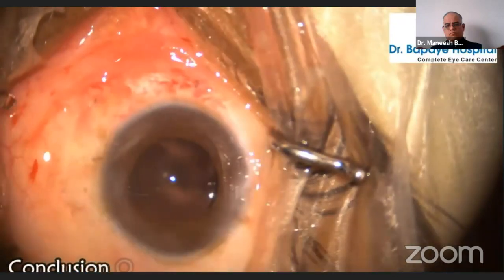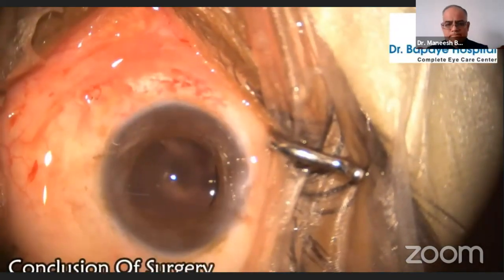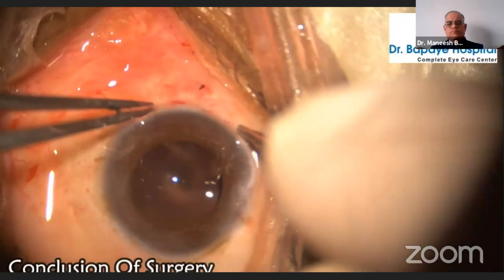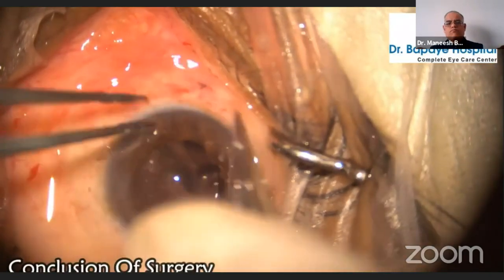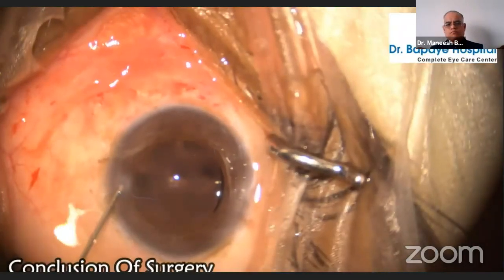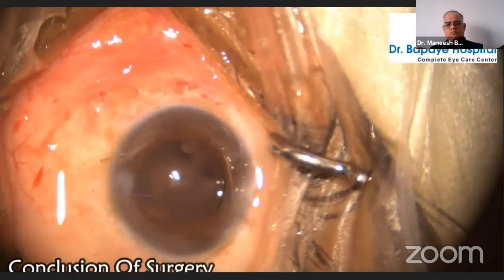At conclusion of the surgery, infusion cannula was removed and conjunctiva was repositioned. Paracenteses were hydrated to achieve watertight wound closure.